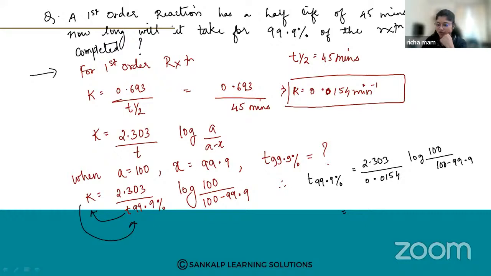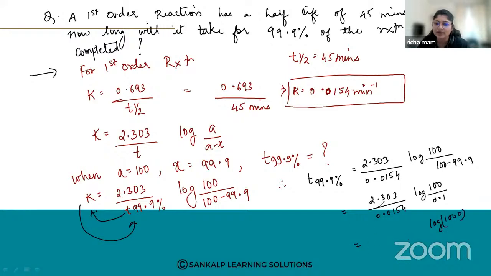So 100 minus 99.9 is how much? It will be 0.1. So 2.303 by 0.0154 log of 100 by 0.1. Now 100 divided by 0.1 is how much? It is 1000. So log of 1000.